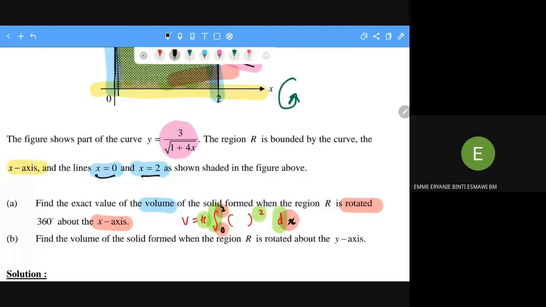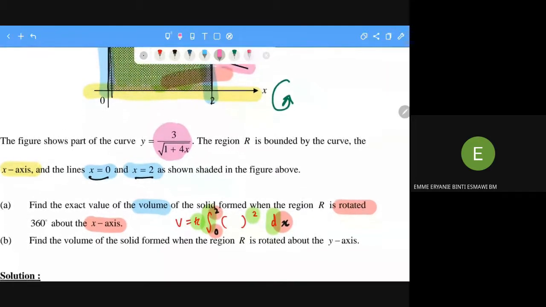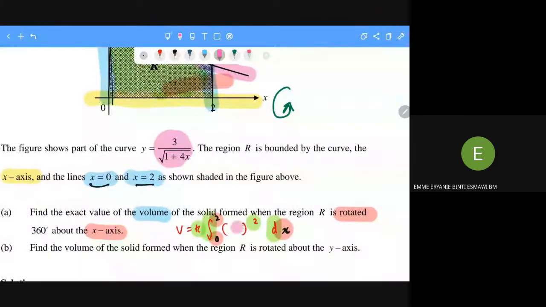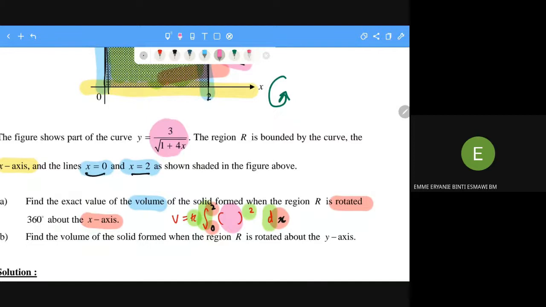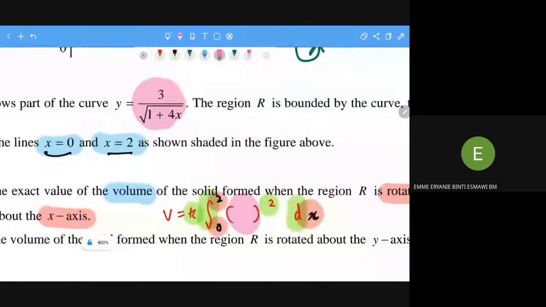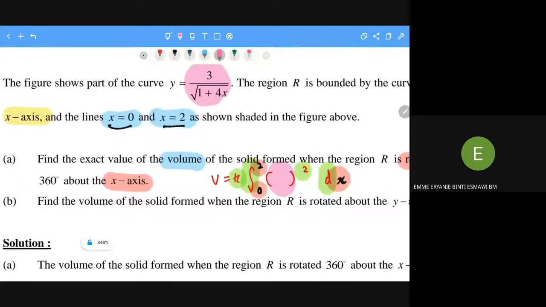Okay. Lepas tu, we need to know the okay, ada orang berendang belakang. Okay, lepas tu kita kena cari dia punya equation tu. Pada pink lah. In terms of x. And this pink one pun in terms of x. Okay, then we have to square it first before we integrate.